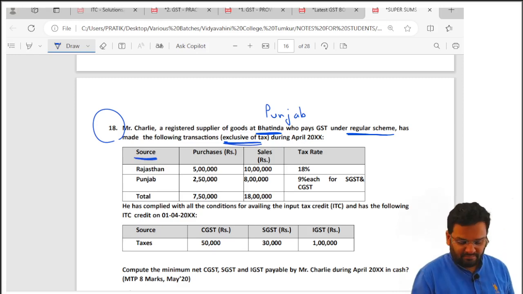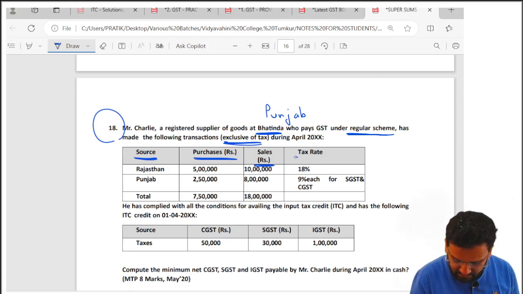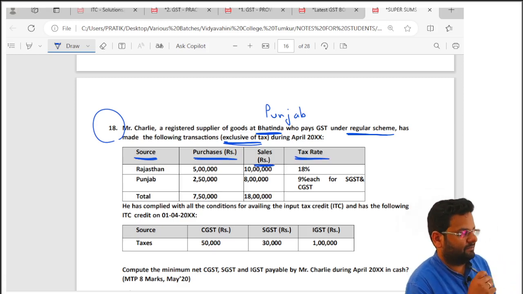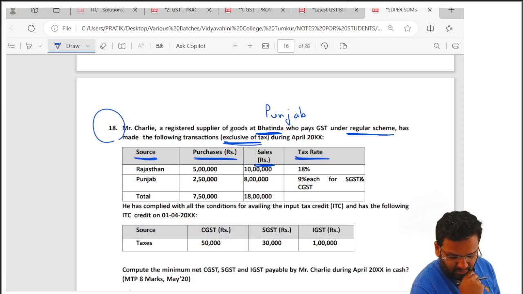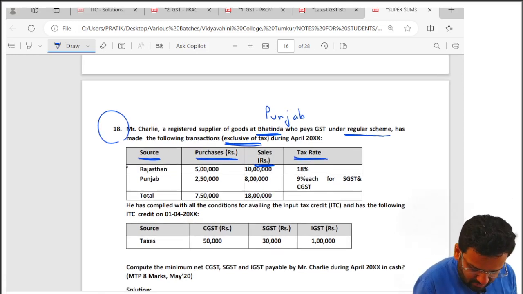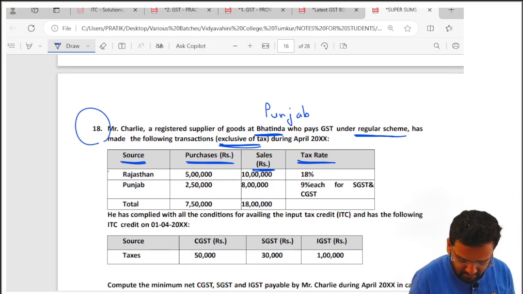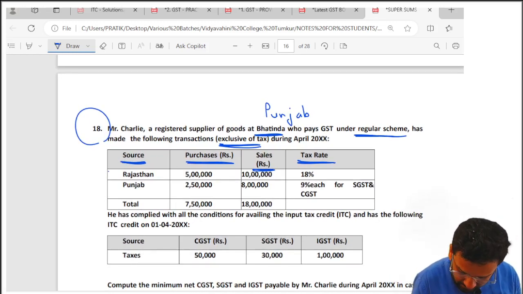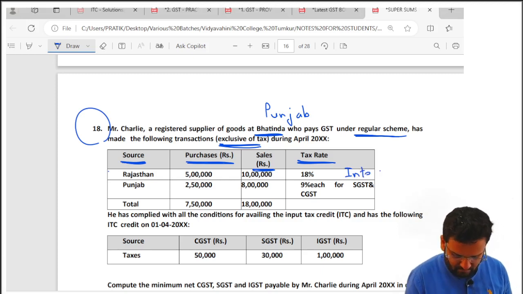Source, purchases, sales, tax rate. Okay, source, you are purchasing from Rajasthan means what? Inter.